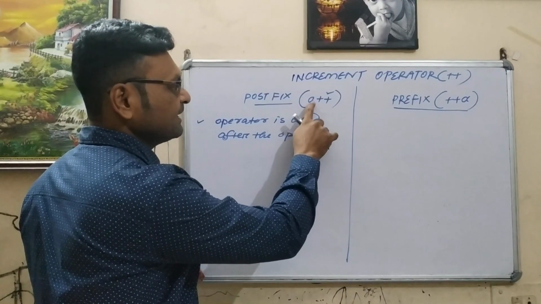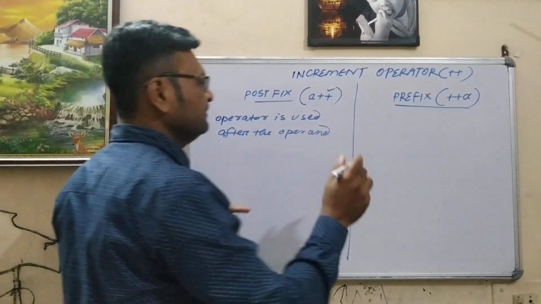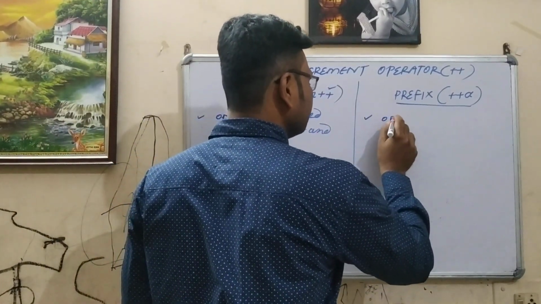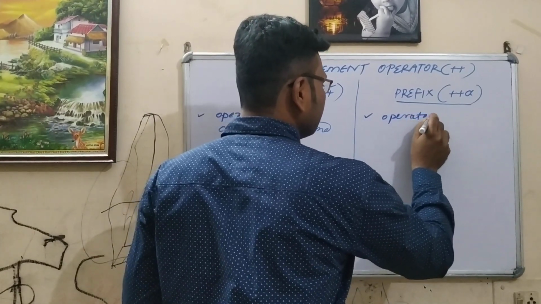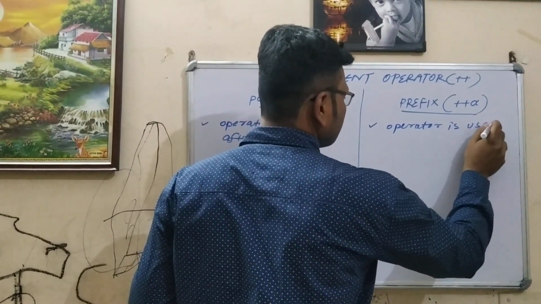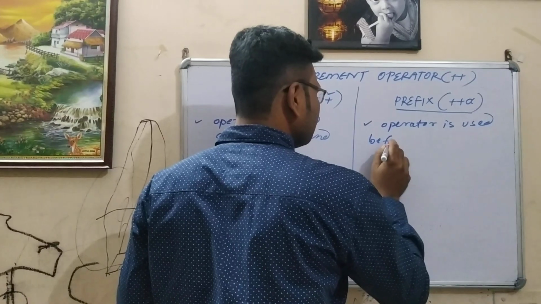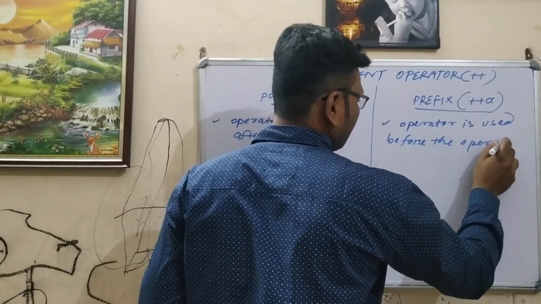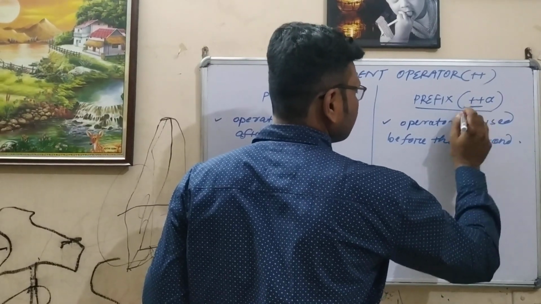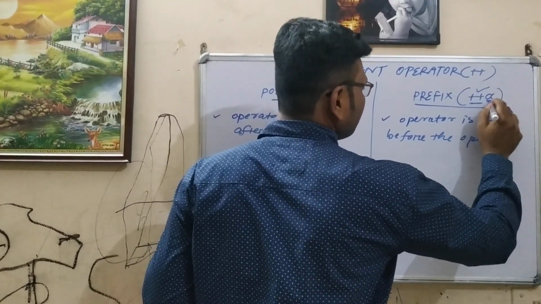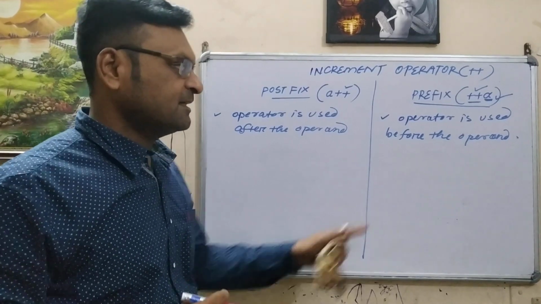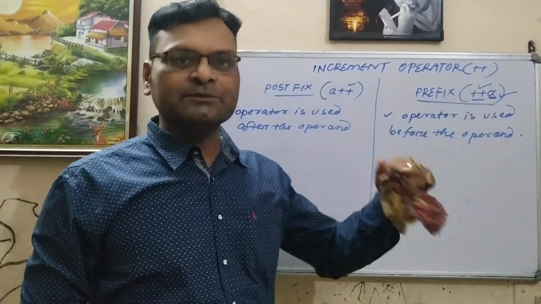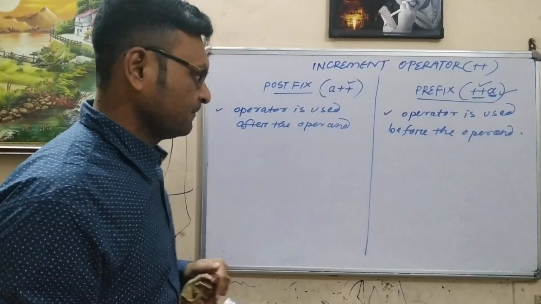This is my operand, this is my operator. Similarly, on this side, the operator is used before the operand. This is my operator and this is my operand. Our operator, this is ++, is used before the operand a.